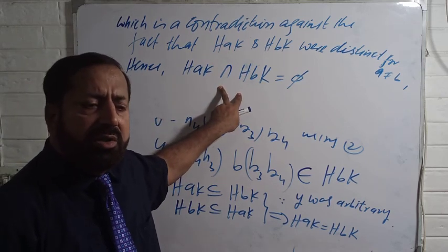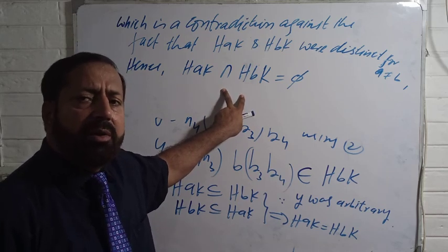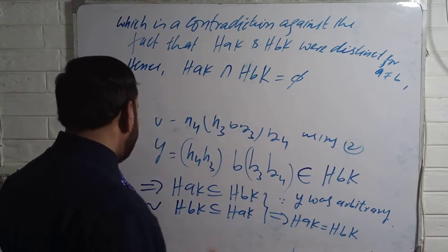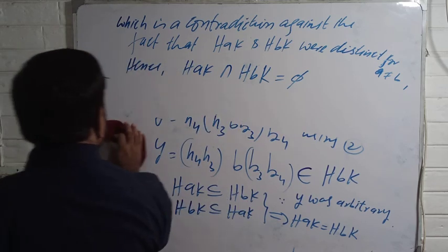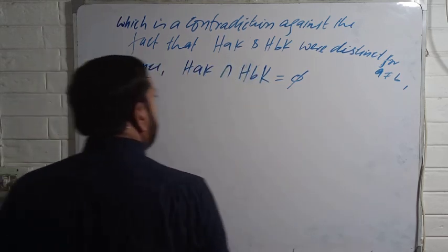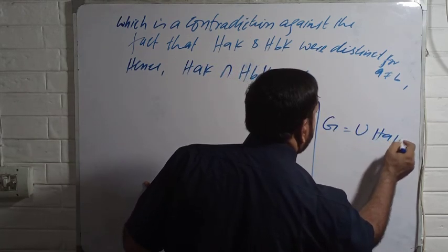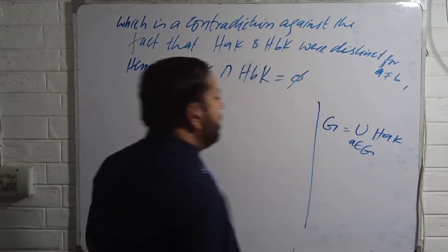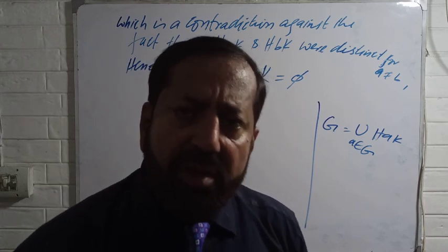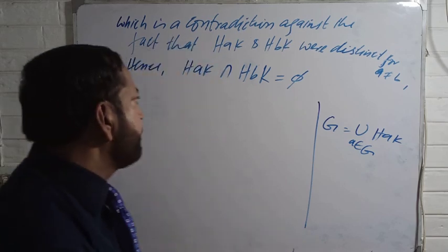Now we need to show the second condition, that the union of all double cosets is the entire group G. Secondly, we want to show G is equal to the union of HAK, A belonging to G. If you can show this, this means that the collection omega of all double cosets is in fact a partition of your group G, right?